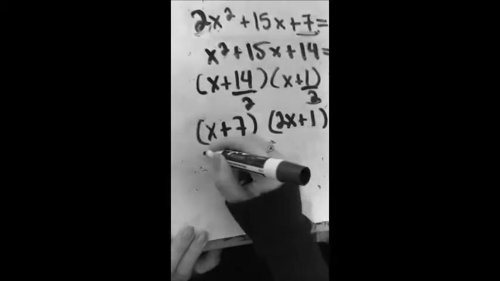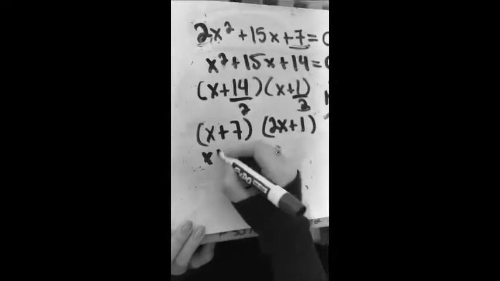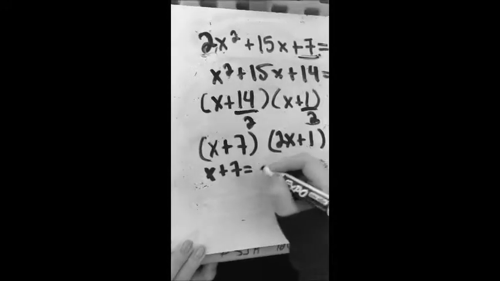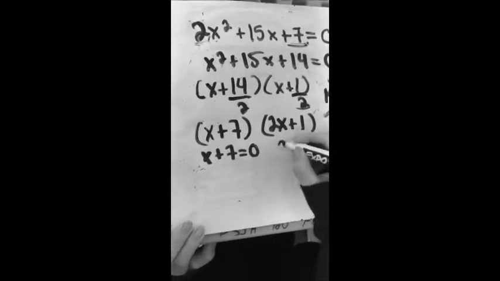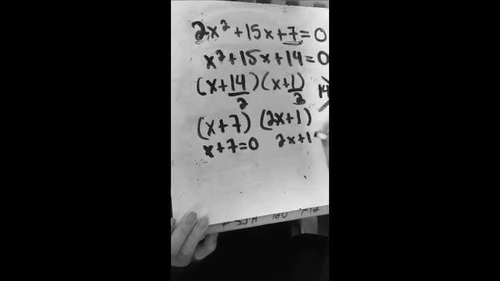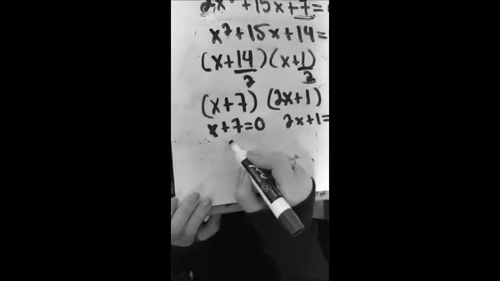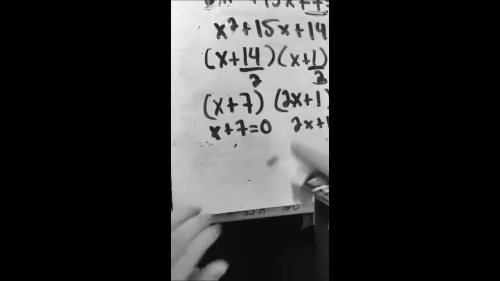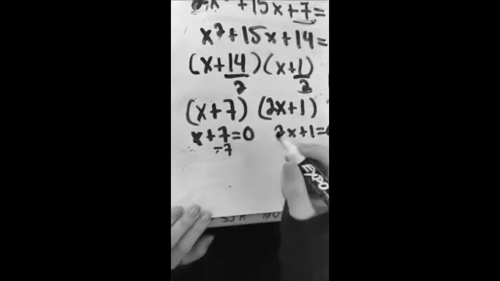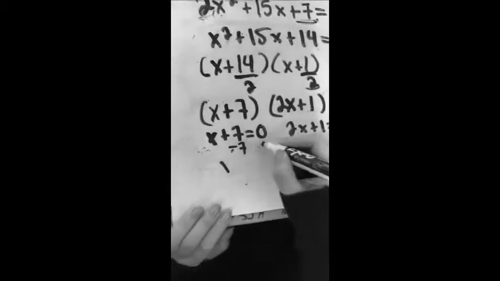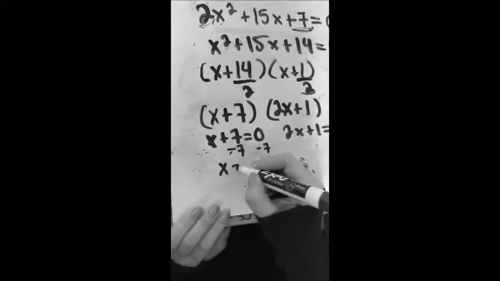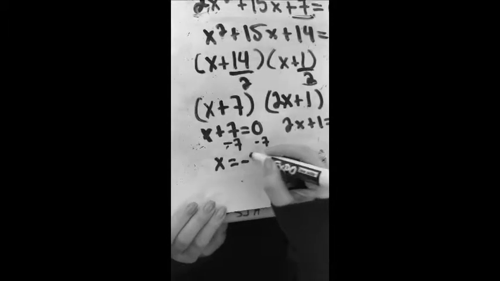After that, we have to equal them to 0, which will give us x plus 7 equals 0 and 2x plus 1 equals 0. Then we have to solve for x by subtracting 7 from both sides, and it will give us x equals -7.